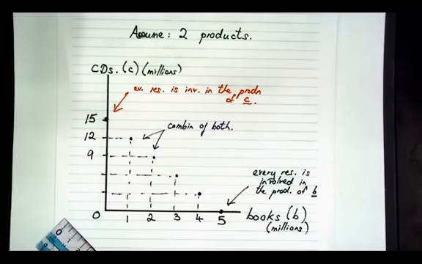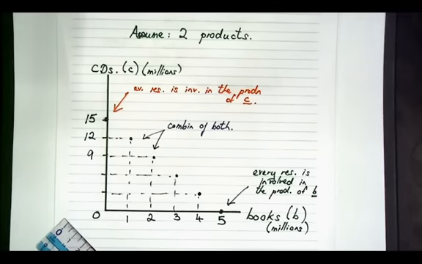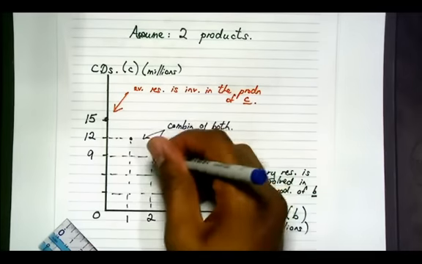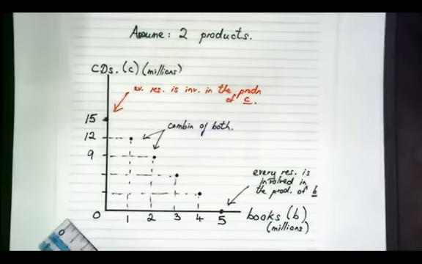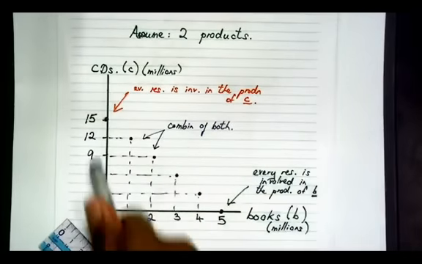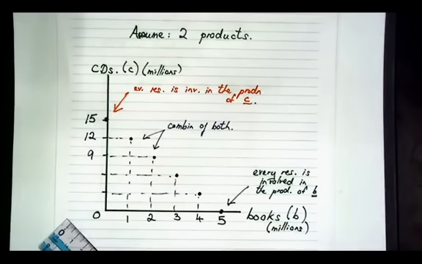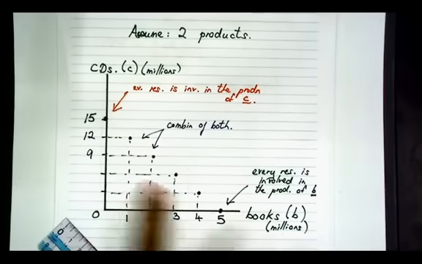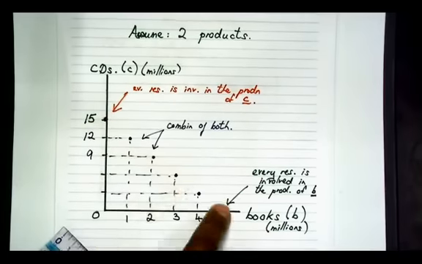So what is a PPF? PPF stands for Production Possibilities Frontier. It shows every single combination that we could possibly produce. I've labeled the axes in millions, but I've only shown you 6 combinations.